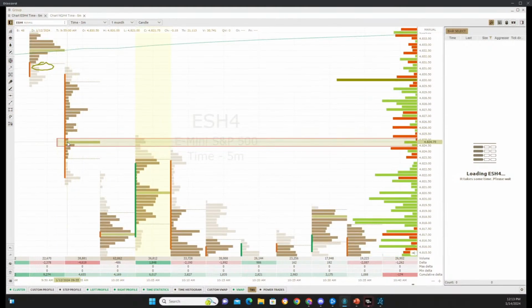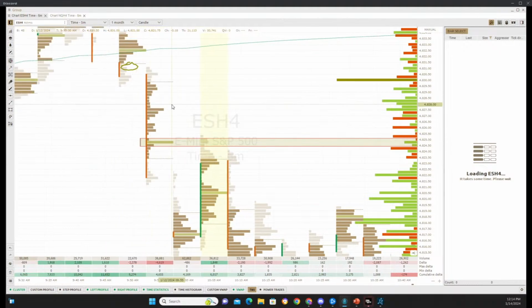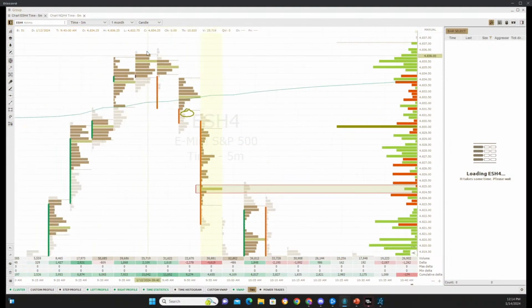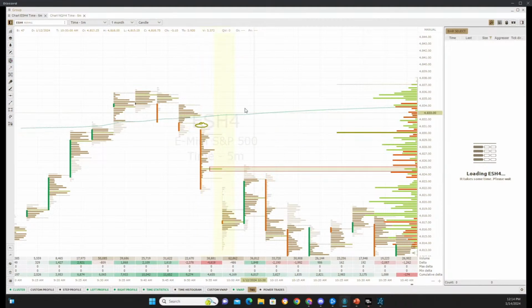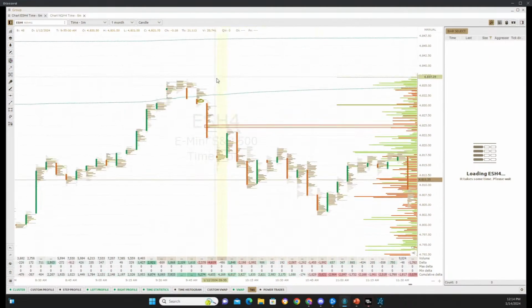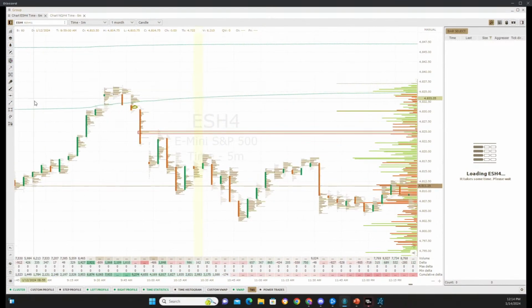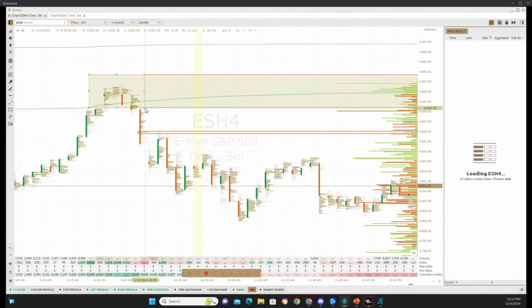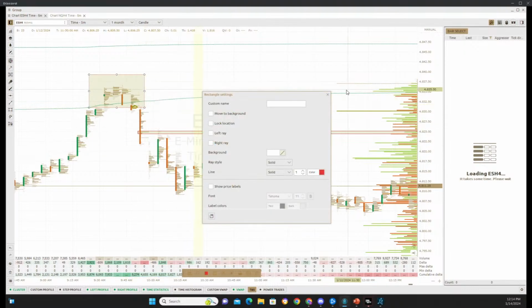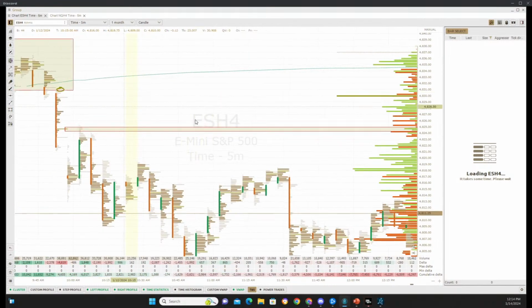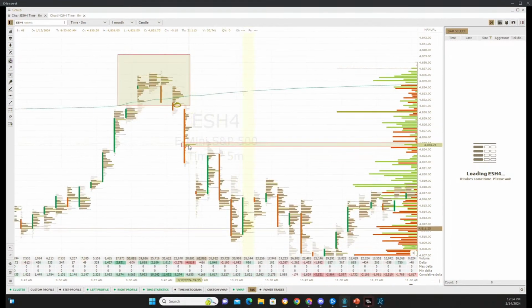So if they're able to reclaim this level here, I would say most likely they're going to find the supply here to be tested. And if you think about it, if you just think about price action, this candle here was the result of what? Result of this accumulation that we had here. Right. So if they're selling off from this candle, and let's say they absorb this, where do you think they might go next?